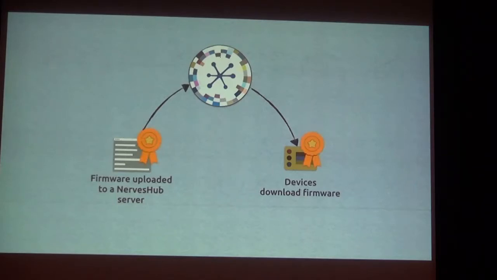Nerves Hub is protected on both sides using client SSL, which means your computer will give Nerves Hub a certificate, and your device will give Nerves Hub a certificate. And Nerves Hub will validate that those devices are yours.